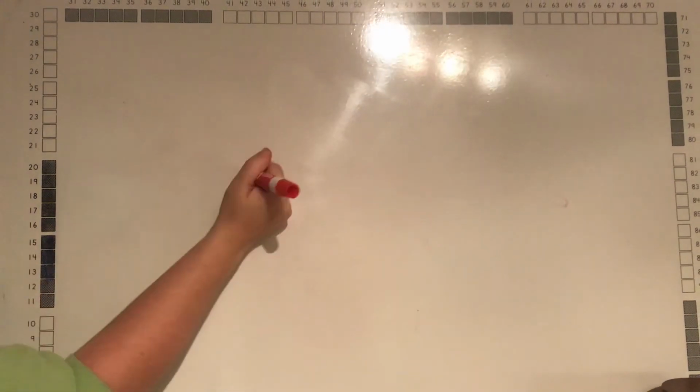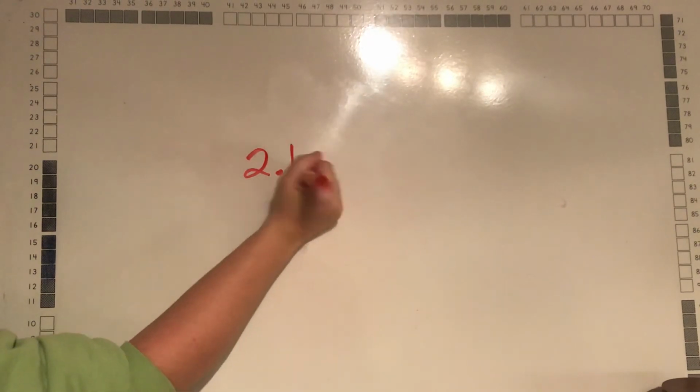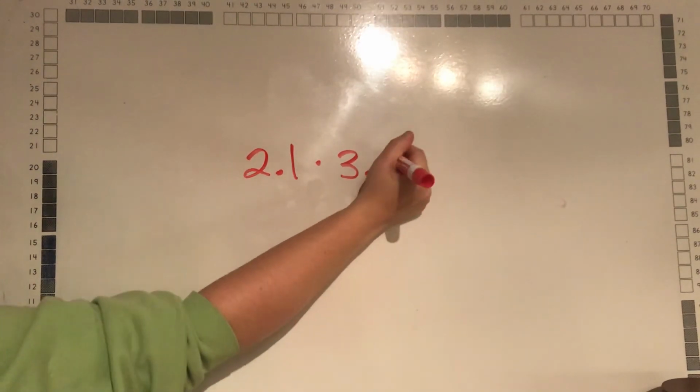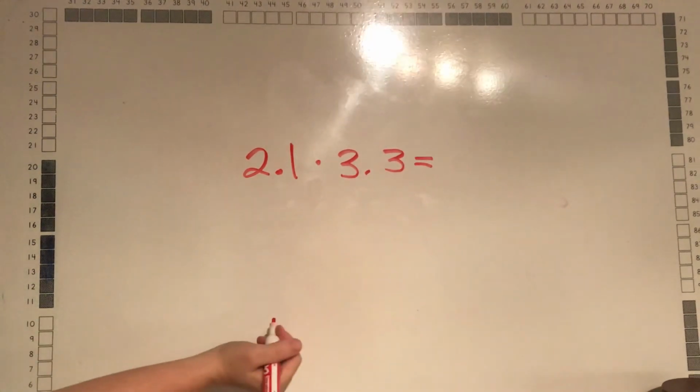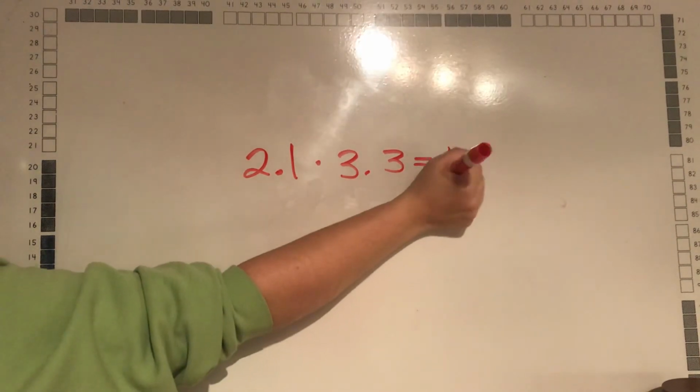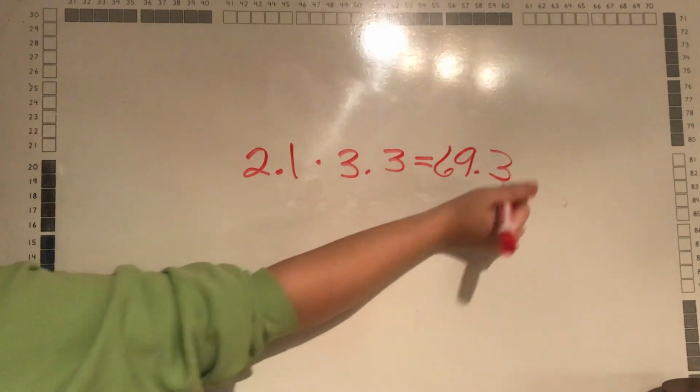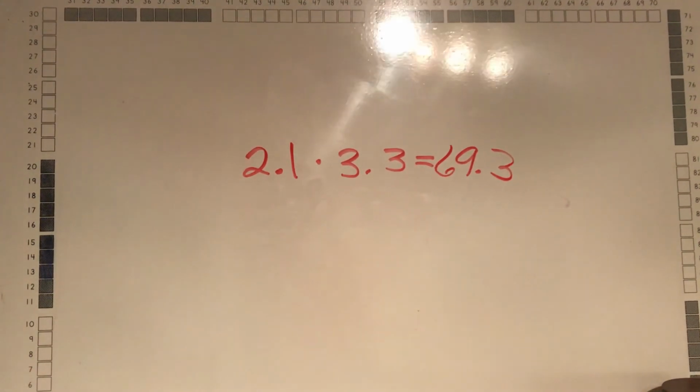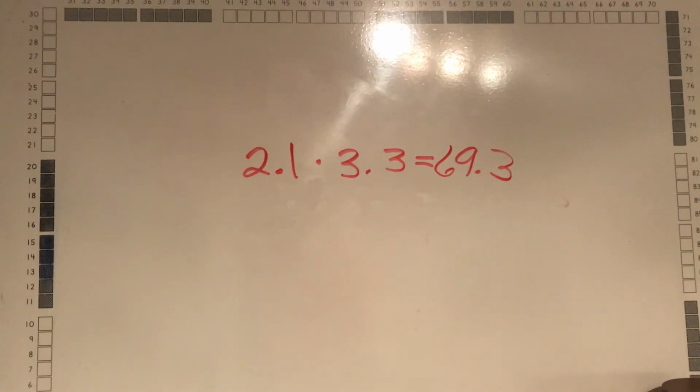The problem in that think and discuss section of the examples is 2.1 times 3.3 equals 69.3. Now, in your notebook, I want you to work out this problem and then tell me whether or not it is correct. If it is incorrect, explain why. When you're done with that, you can start on your homework assignment.